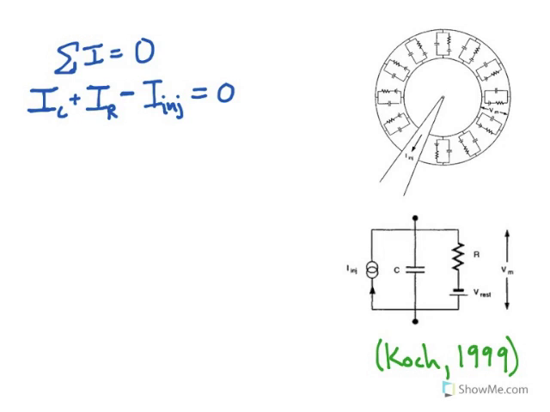And now we have a third current to consider, which is this ideal current source, or the current flowing through the pipette here. And immediately what you'll notice is that while I was adding these two currents, I am subtracting the injected current. And this might seem sort of strange to you. Why would I be subtracting this current when I'm adding the other two?